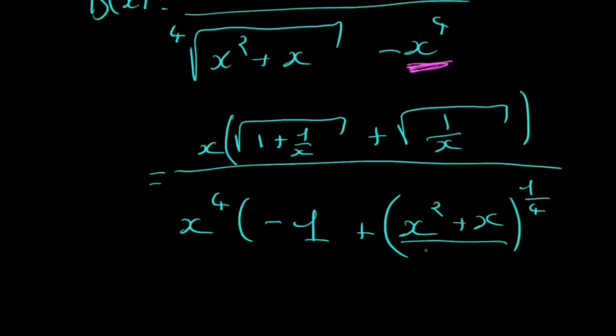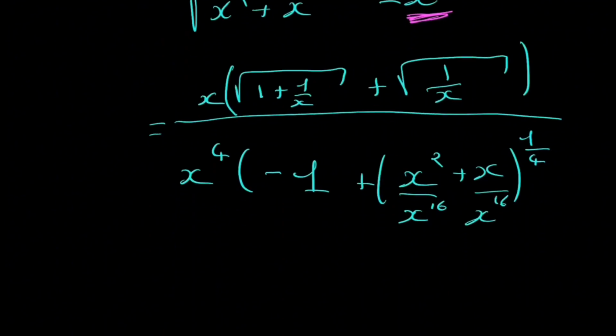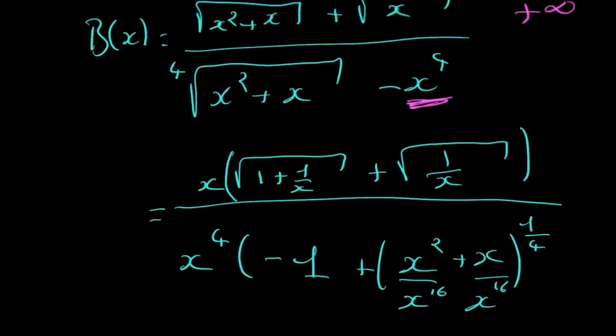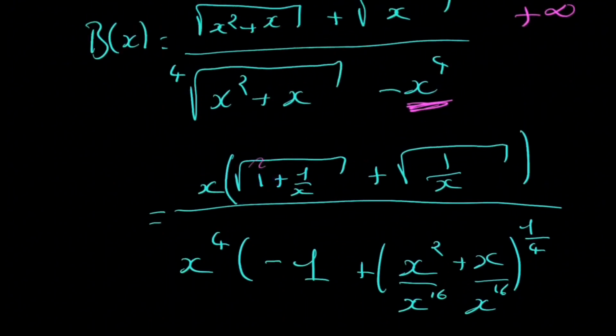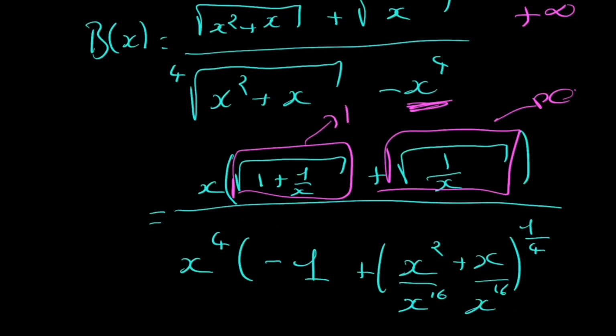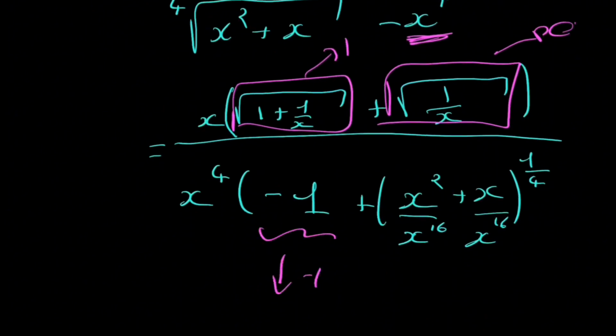So here we've got x squared divided by x to the 16th, and here as well x to the 16th. So as x tends to plus infinity, here something tends to 1, square root of 1, here something tends to 0. So just to imagine, this thing will tend to 0, this thing will tend to 1, this thing will tend to minus 1, easy, and if we simplify, we just have 1, so let's simplify.